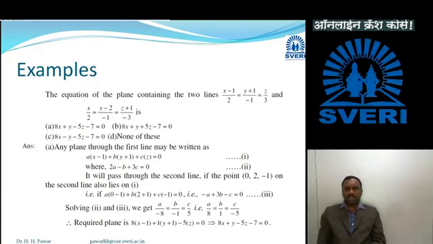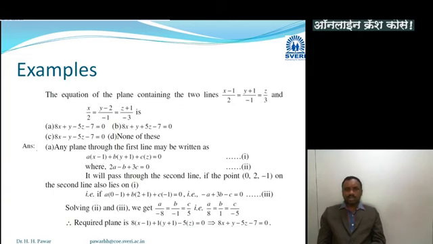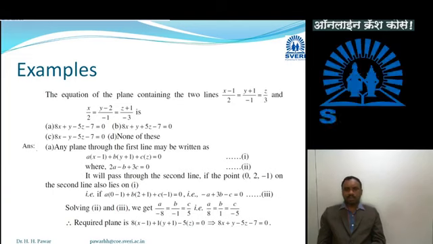And it will pass through the second line if the point (0, 2, minus 1) on the second line also lies in the first. So put this point in equation first, we'll get a into (0 minus 1) plus b into (2 plus 1) plus c into minus 1, which gives us minus a plus 3b minus c equal to 0.